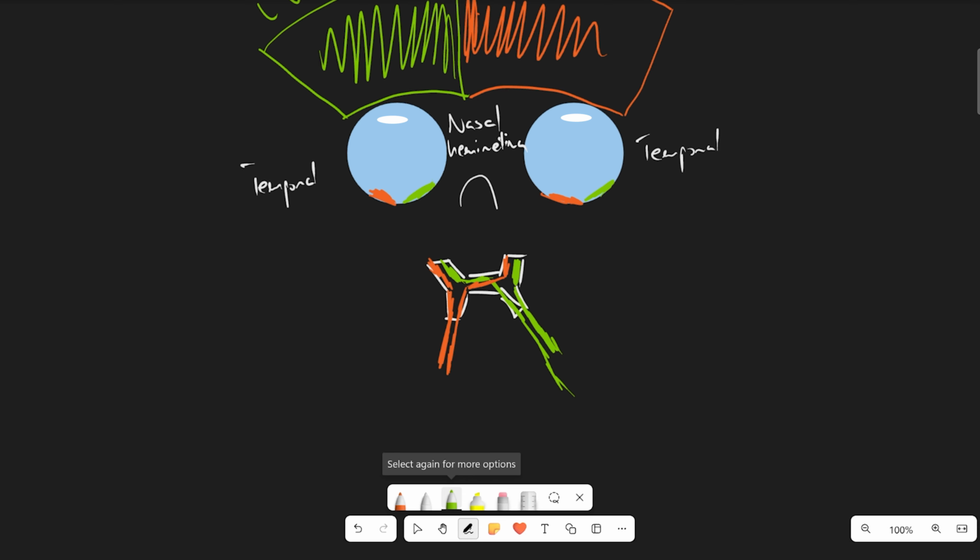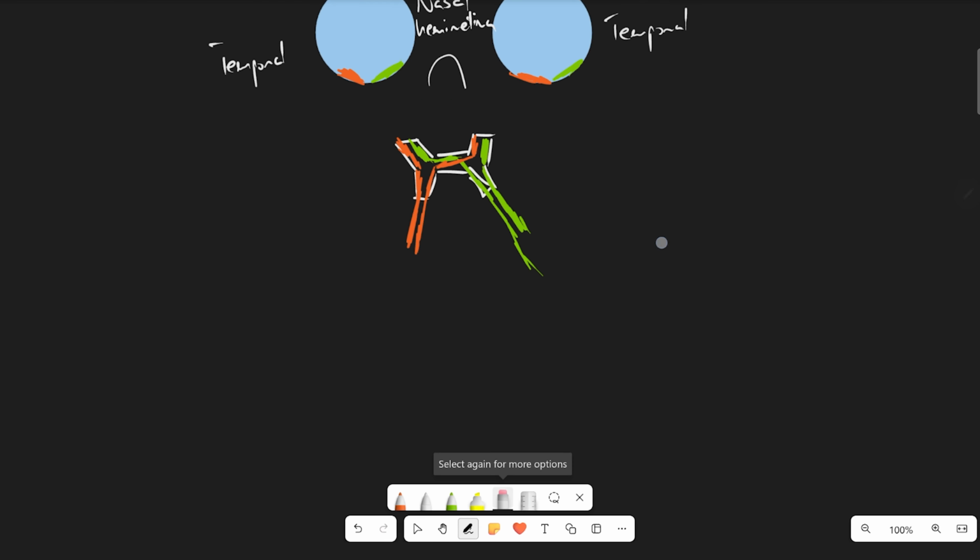And both signals end up in the right hemisphere. And in the right visual field, we've got left eye, so the temporal hemiretina stays on the left, and the right eye, so nasal hemiretina, crosses. So let's explain.